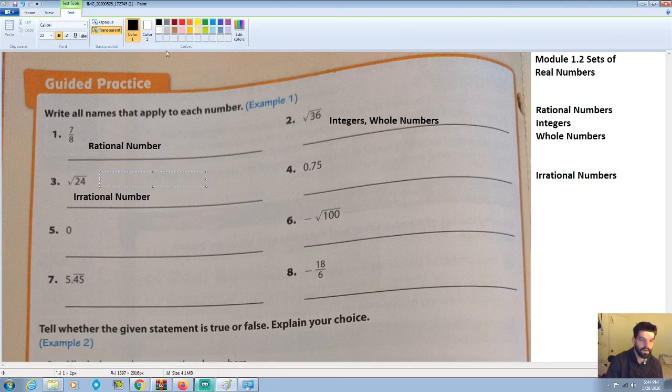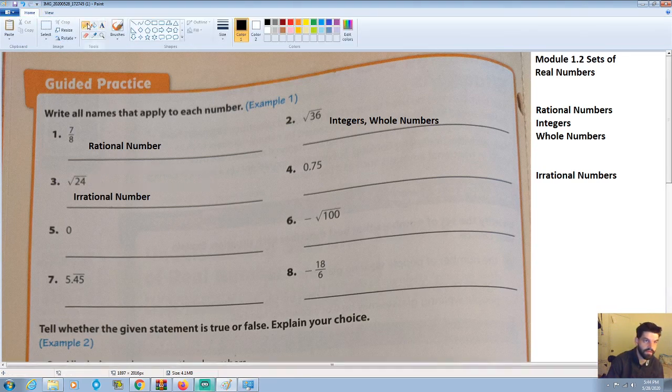Okay? If you wanted to break this up, if you do the prime factorization just to go in depth here, the square root of 24 is going to be equal to the square root of 2 times 2 times 2 times 2 times 2 times 3.